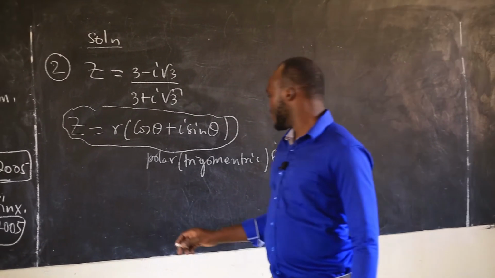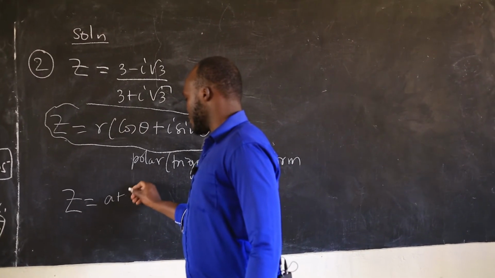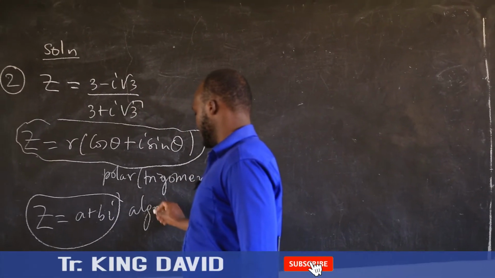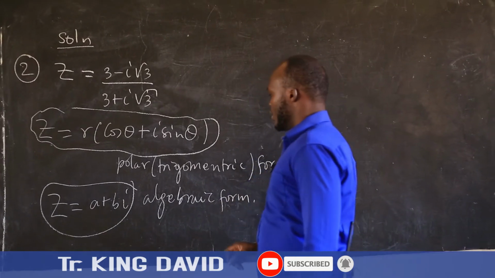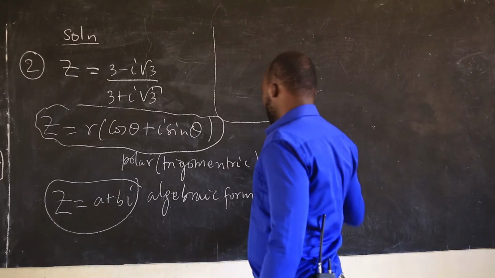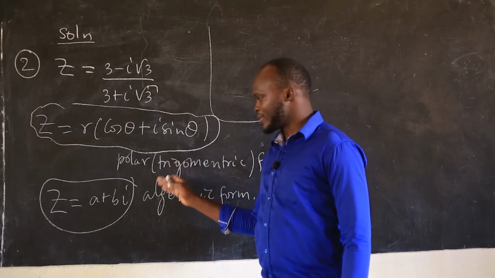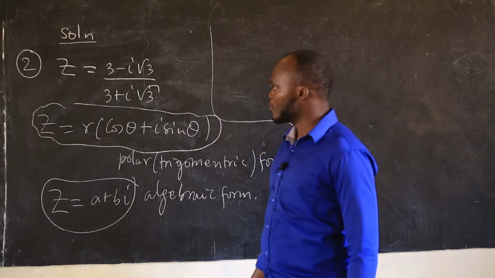So what is algebraic form? Algebraic form is when z equals a plus bi. This is algebraic form of a complex number. So now you have the formula for polar or trigonometric form and the algebraic form of a complex number.